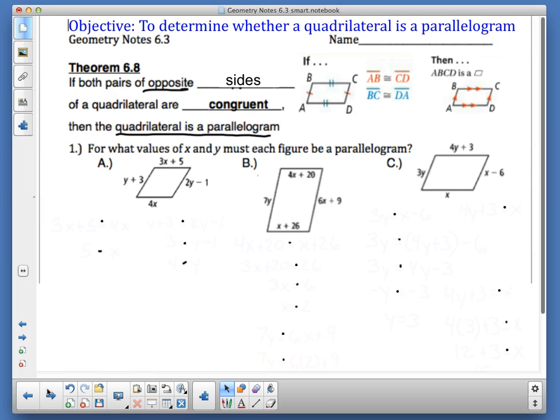If I have consecutive angles supplementary, then it's a parallelogram. If I have opposite angles congruent, then it's a parallelogram. If I have diagonals that are mutual bisectors of each other, guess what? Then it's a parallelogram. And today we get to learn about one more item. When I have one set of sides parallel and congruent, it's a parallelogram. So that's what today is.